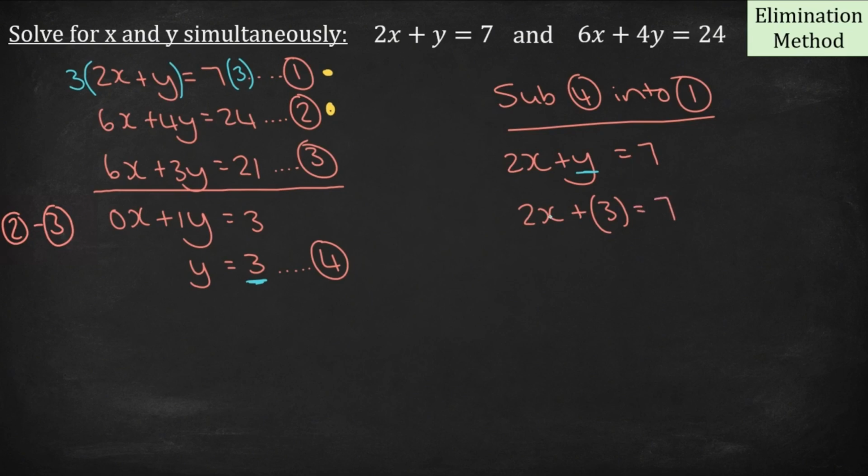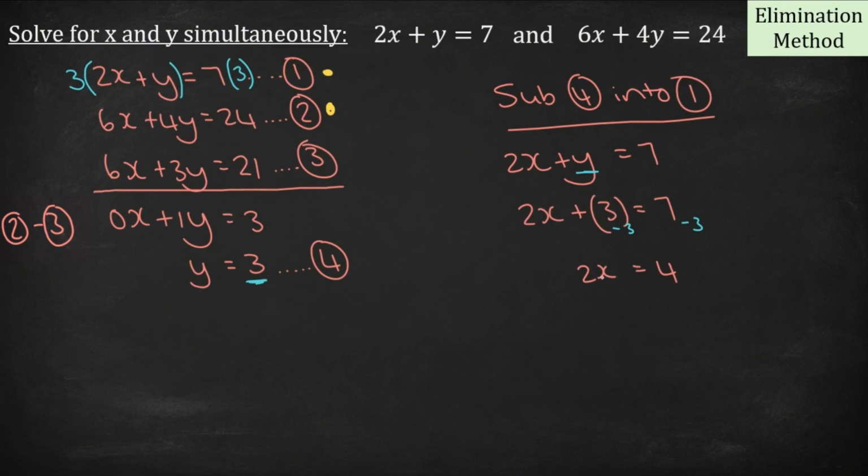Now, this is a normal linear equation. That means all my x variables must be moved to the one side and all the other variables to the other side. So here we have a positive 3. I have to subtract 3. And what you do on the one side, you have to do on the other side. So I'm going to write 2x equals, and 7 minus 3 is 4.